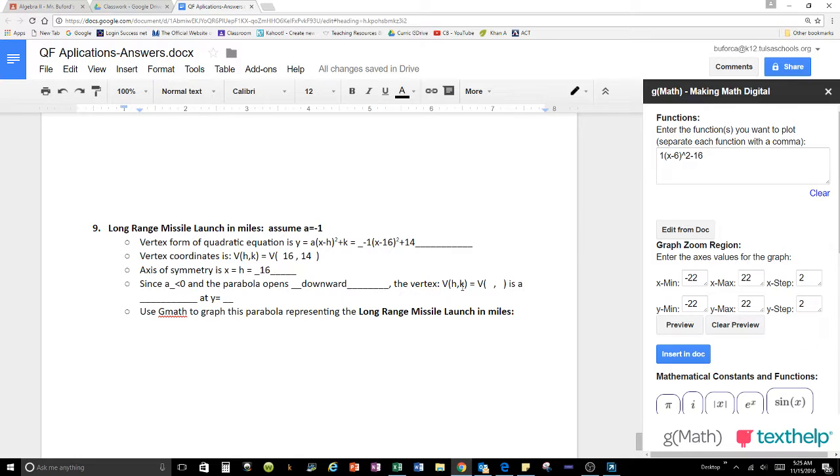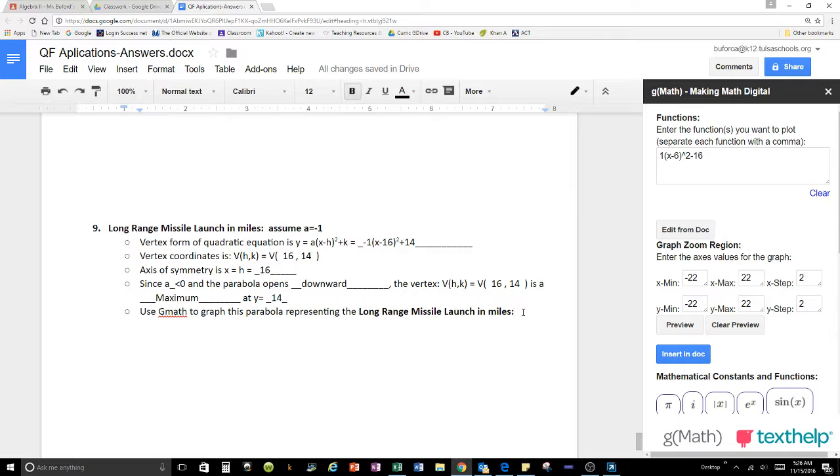The vertex V(h, k), where h is 16, k is 14, is a maximum at y equals 14.